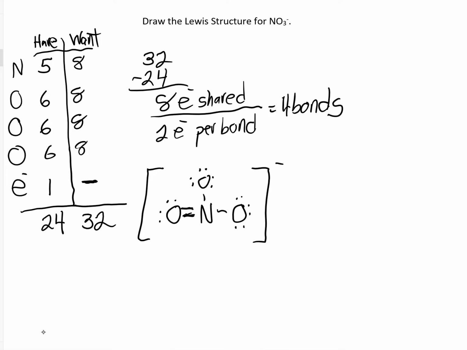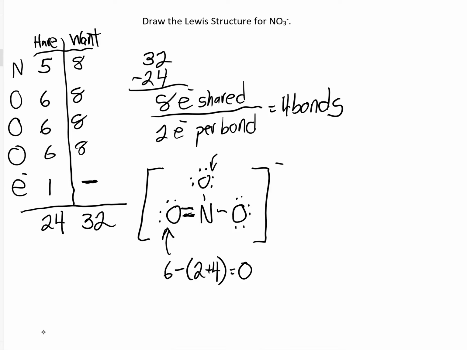And now we're ready to go through and look at formal charge. So, formal charge, valence electrons for oxygen is 6, minus the number of bonds there, 2, plus 4 electrons, means that this oxygen has no formal charge, so this is starting to look good. Let's do the next oxygen.